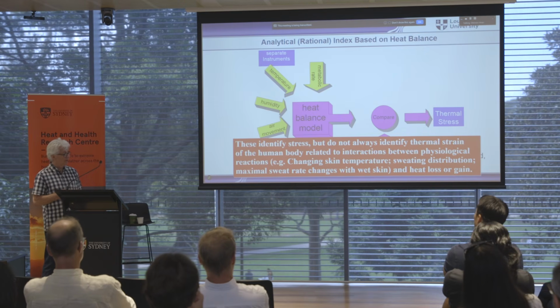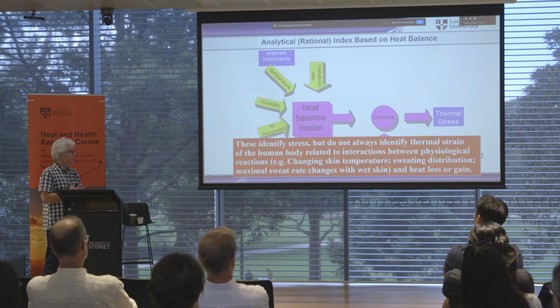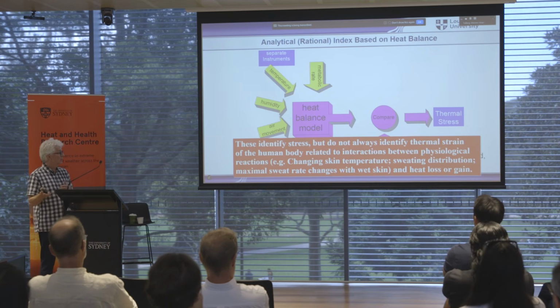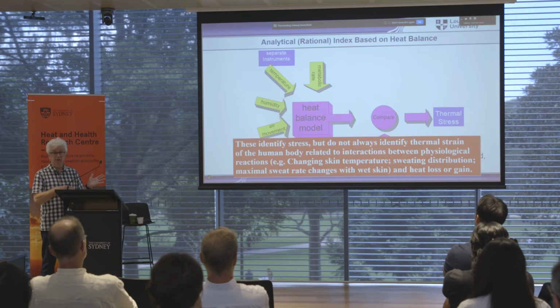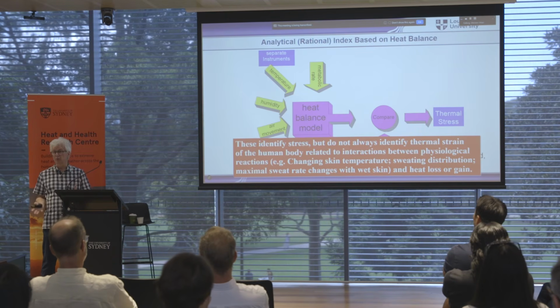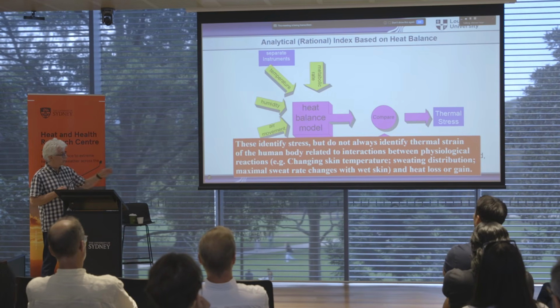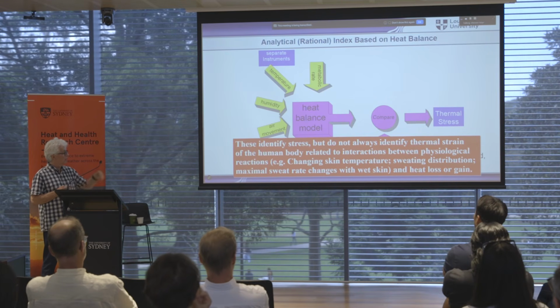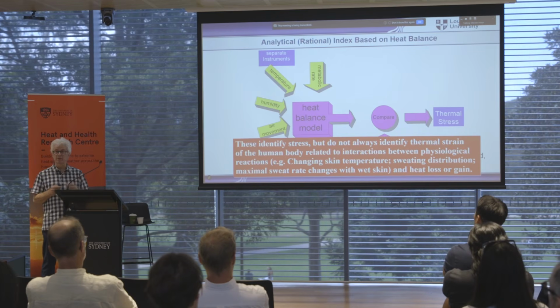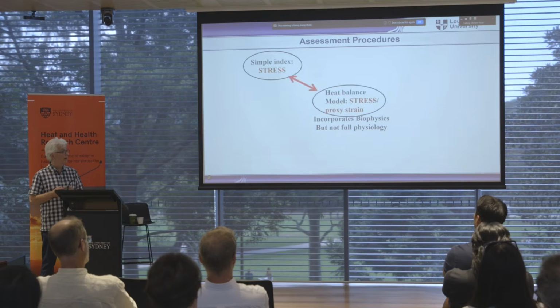These identify stress; I deliberately called it stress in this case, but they do not always identify thermal strain of the human body, related to interactions between physiological reactions, for example changing skin temperature, because that's fixed in these models, sweating distribution, where the sweat is coming out of the skin, and it usually assumes that all parts of the body are wet with sweat, maximum sweat rate changes with wet skin, hidromeiosis, and the link of those with heat loss and gain. So there's still something missing, but this was already a big improvement compared to the simple instruments that are available.